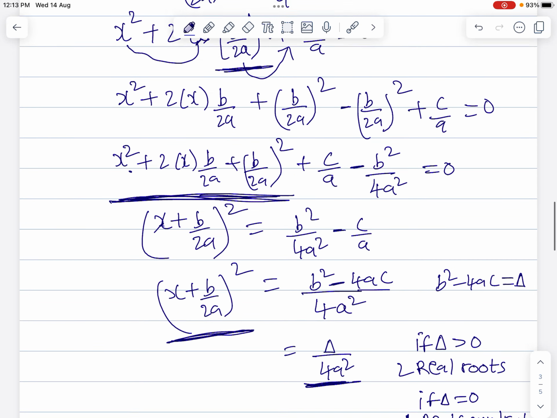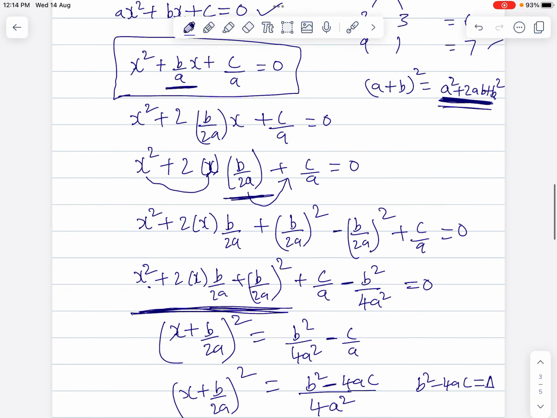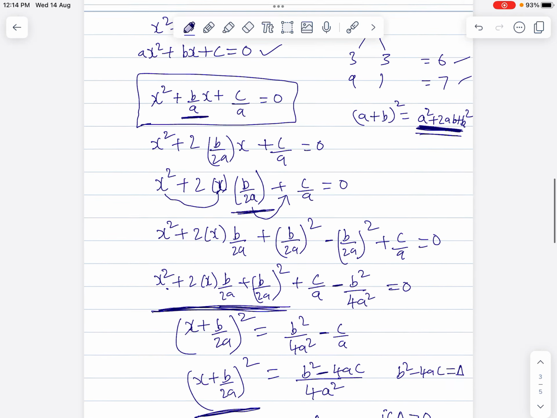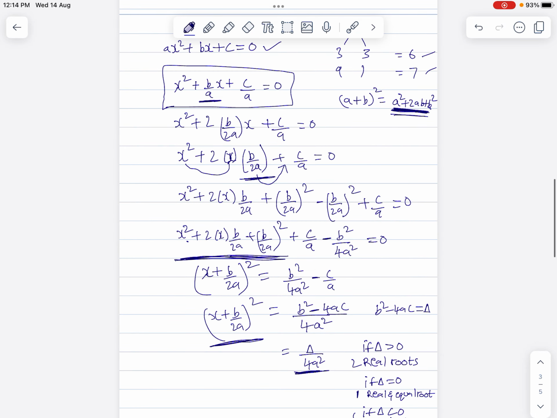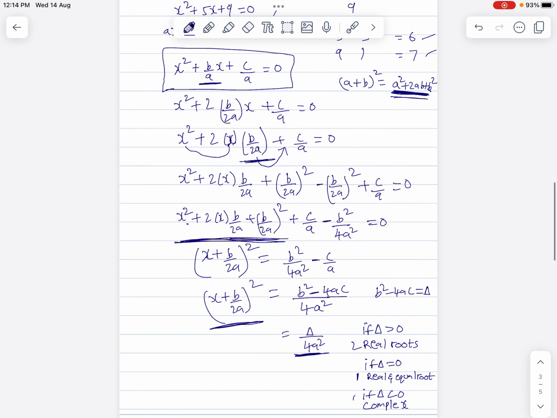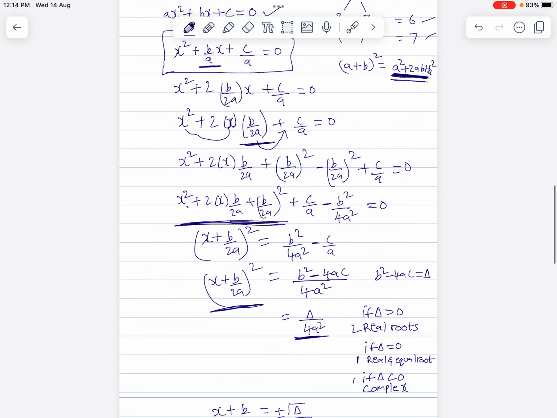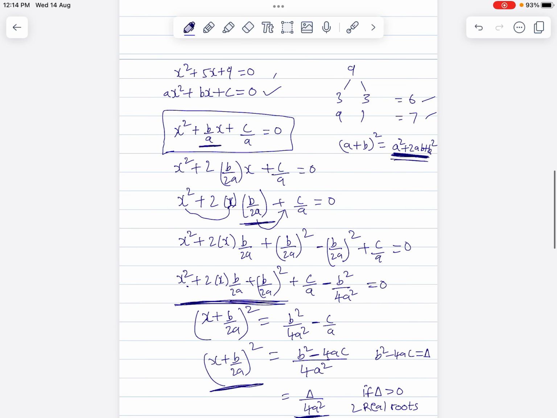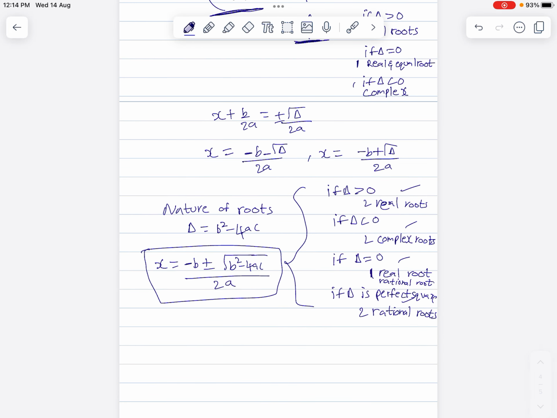So take down the notes. First write up to this much, pause the video and write up to this much, then note down the nature of roots over here, and write the two roots over here, write the final answer.